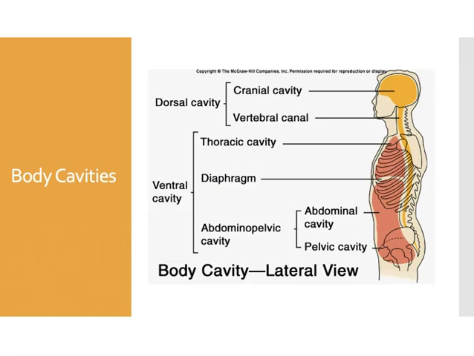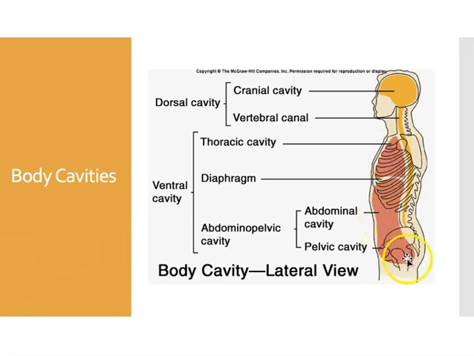Take a look at this drawing, which again helps us to visualize these cavities and subdivisions of cavities. We're looking at the body here from the lateral view, and you can see a cavity outlined in yellow and another one outlined in this orange-red color. The yellow cavity is called the dorsal cavity, and it is subdivided into a cranial and a vertebral cavity.